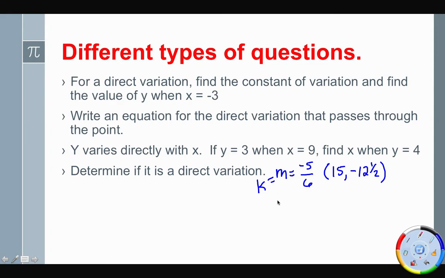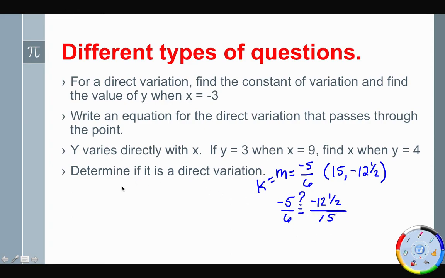So I can just say -5/6 equals -12.5 over 15. I don't really like it like this, but I'm going to keep it like this. And then the question is, is that a true statement? Is this equal? Well, if this is equal, we can cross multiply and get the same numbers.